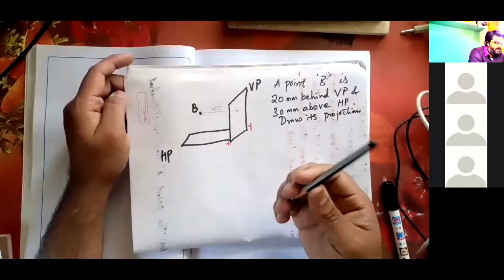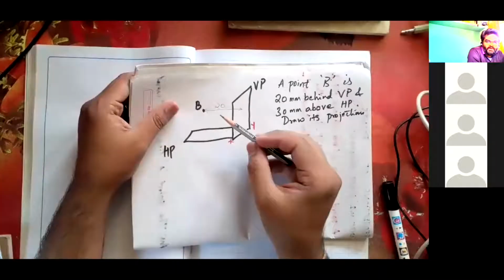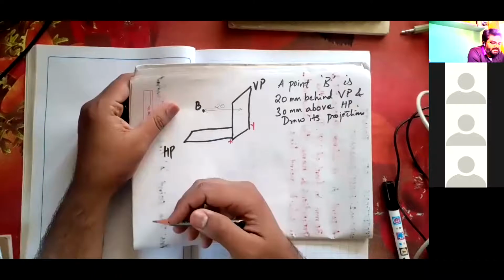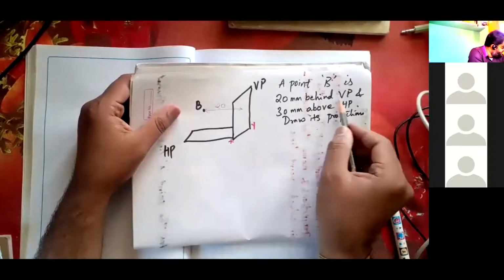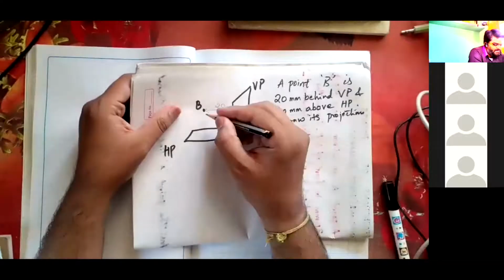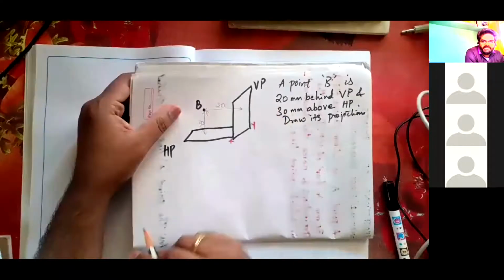So in the second quadrant, behind the vertical plane, I have a point located at a 20 distance. Next, 30 above HP: this distance above HP is 30. This is not dimensioning; I am marking the distances. This is 30 and 20.